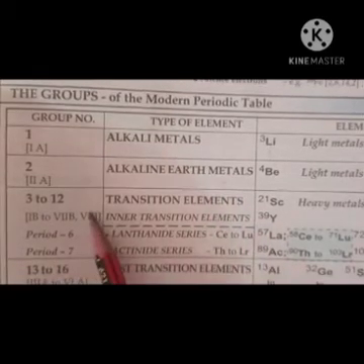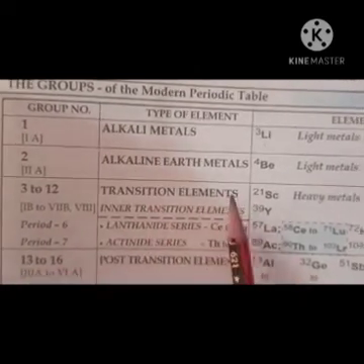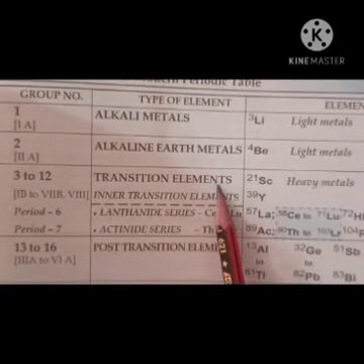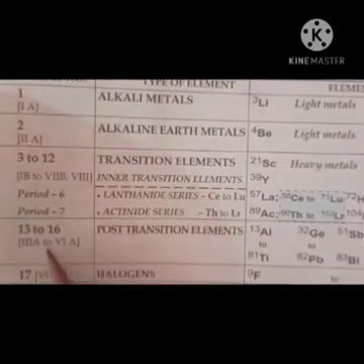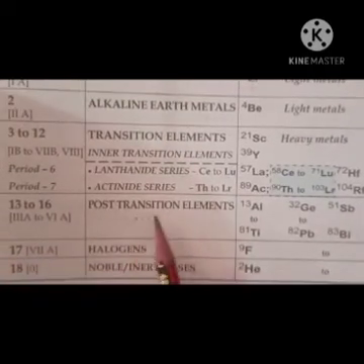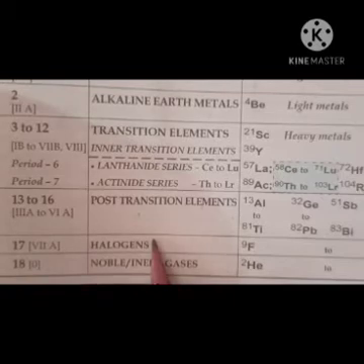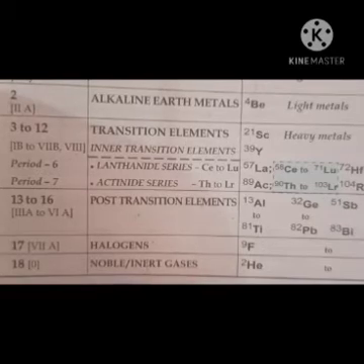Then groups 3 to 12 are called transition elements. And 13 to 16 are called post-transition elements. Group 17 elements are called halogens, and group 18 elements are called noble gases or inert gases.